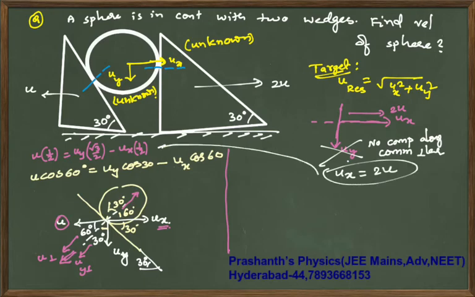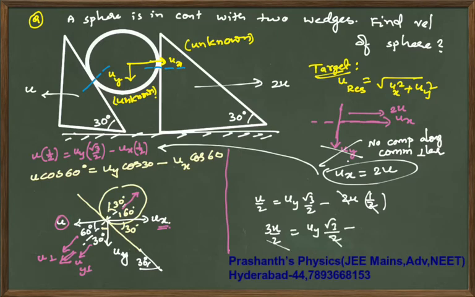Now substitute back into the equation. u by 2 is equal to uy times root 3 by 2 minus 2u times 1 by 2. So 3u by 2 is equal to uy times root 3 by 2. Your uy is root 3 u.